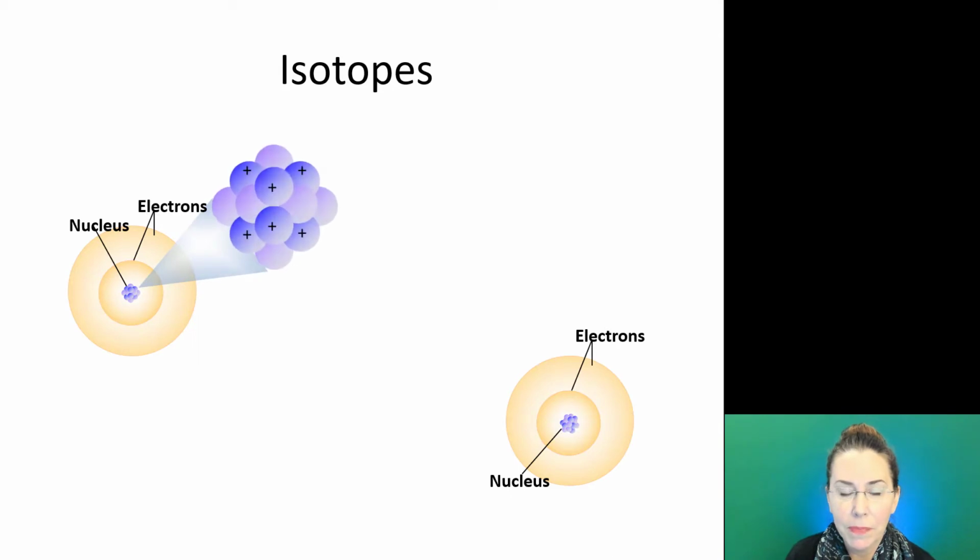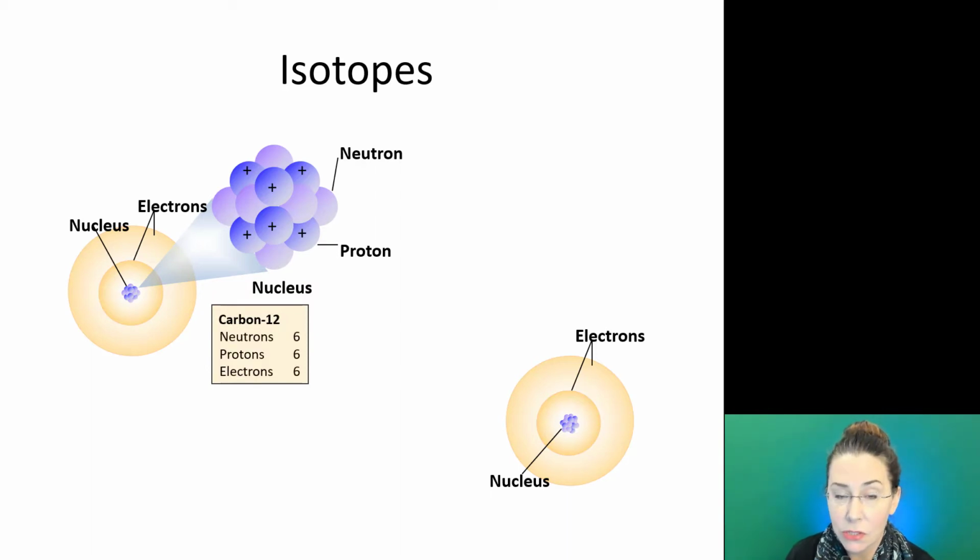For example, here is another representation of carbon-12. If we look closely, you can see there are 6 positive protons and 6 neutral neutrons in this atom of carbon-12. 6 neutrons, 6 protons, 6 electrons.